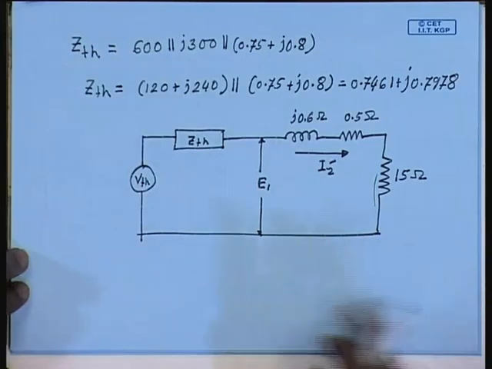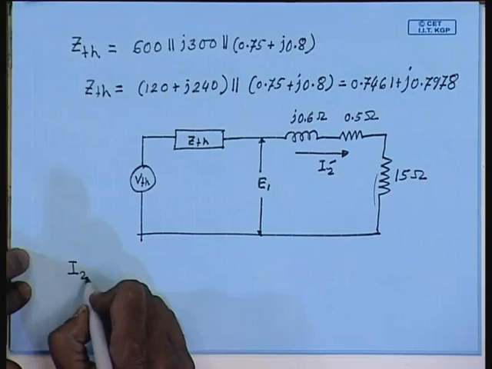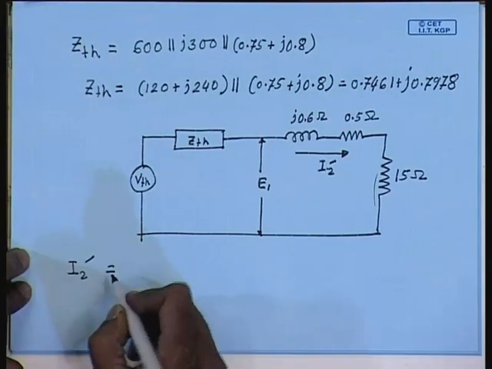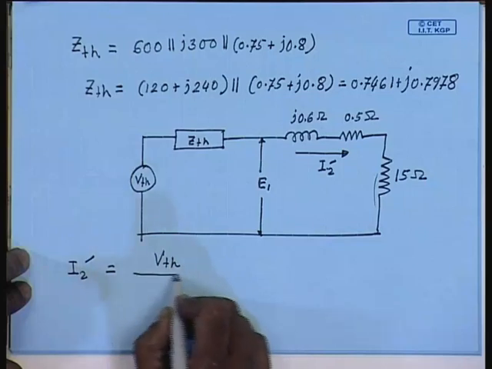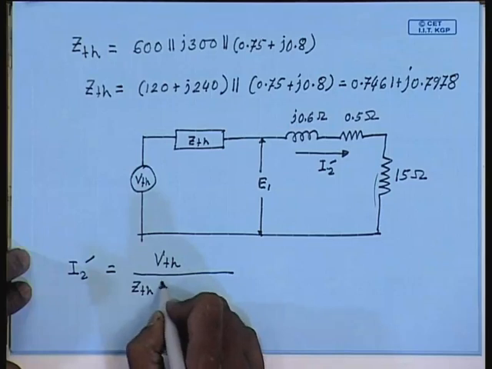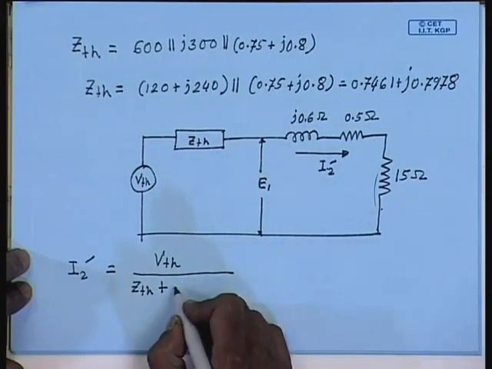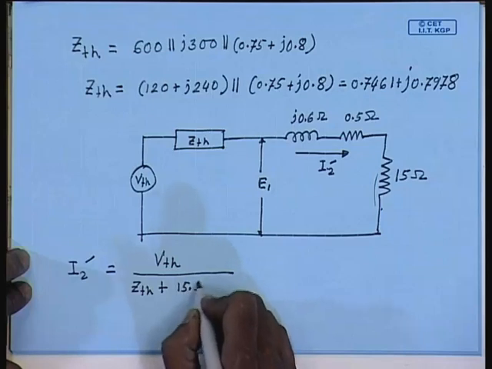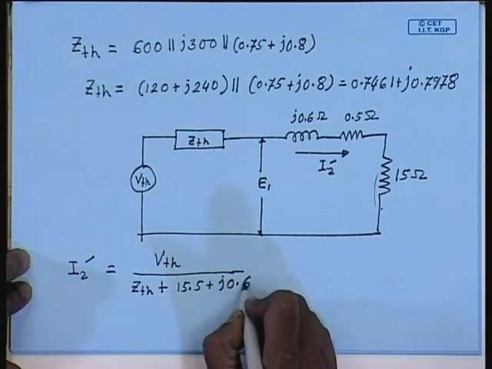So, what will be I2 dash? I2 dash will be equal to V Thevenin divided by Z Thevenin plus sum of these impedances, which is 15.5 plus j 0.6.